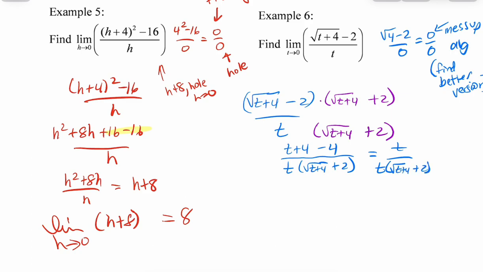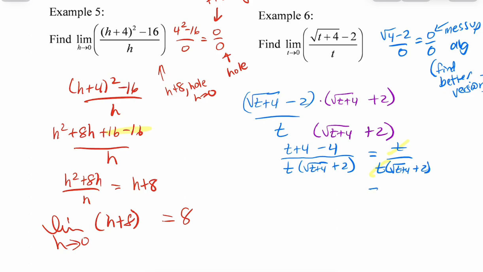Now, what was causing the problem in our denominator? The t. Can the t cancel out now? Yes. If you get to that point where the thing that is causing the issue can cancel out, you have found where the problem lies. You found a way to fix it. So just cancel those out.